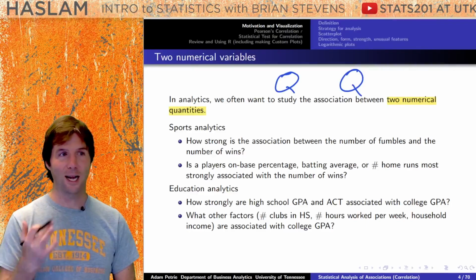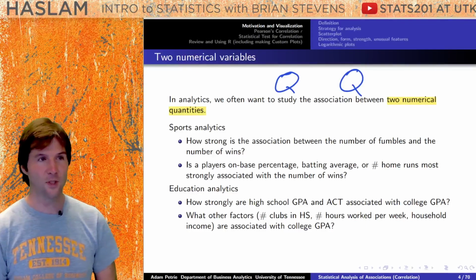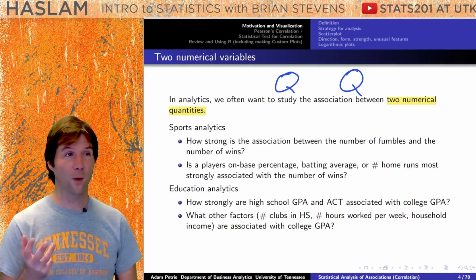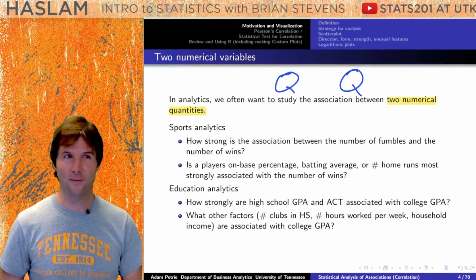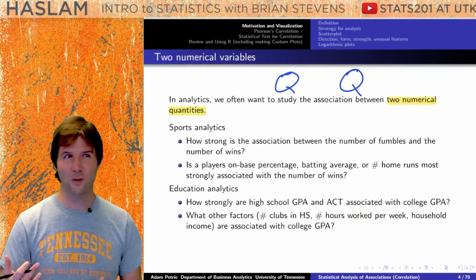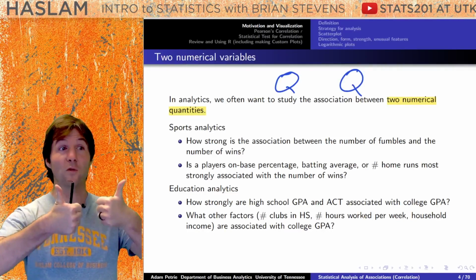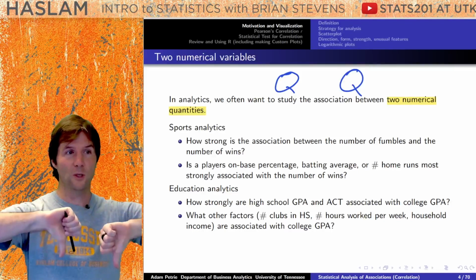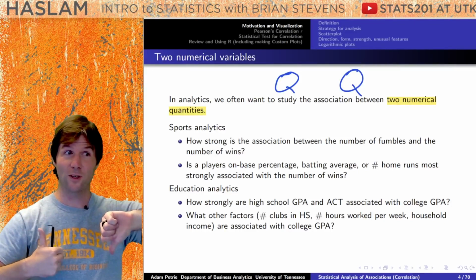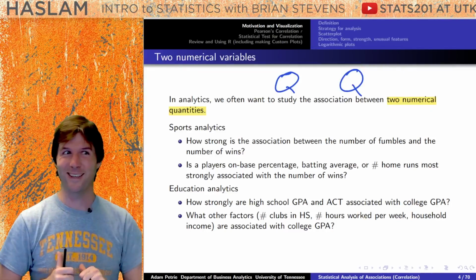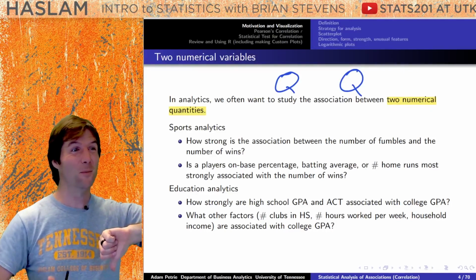You must have something like height and weight, or like in the examples here with sports analytics, have something like fumbles and wins, which are both quantitative. Think about it. More fumbles, probably less wins. You can kind of do this if something's positive, they'll follow each other, or they could decrease with each other, like less fumbles for the Vols, less wins for the Vols. Or wait a minute, less fumbles for the Vols, more wins.